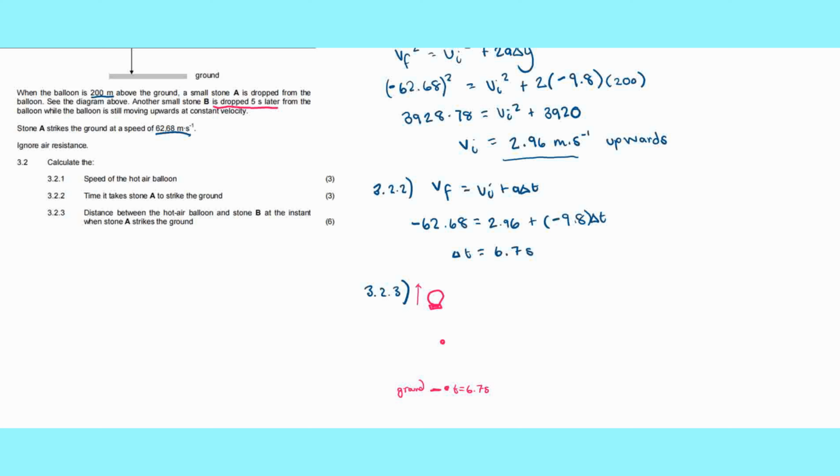So this represents stone B. It was dropped from the hot air balloon 5 seconds after stone A has been dropped.